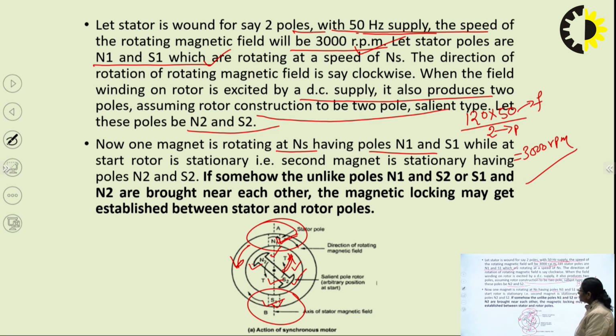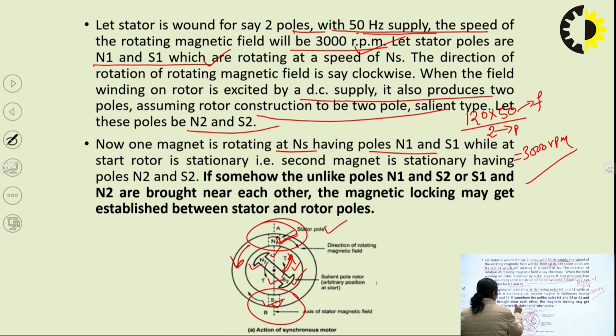What happens? You see, the field produced by the stator is rotating in the clockwise direction. We have considered a particular instant of time. At this particular instant of time, the force acting on the rotor is in the anti-clockwise direction, right?